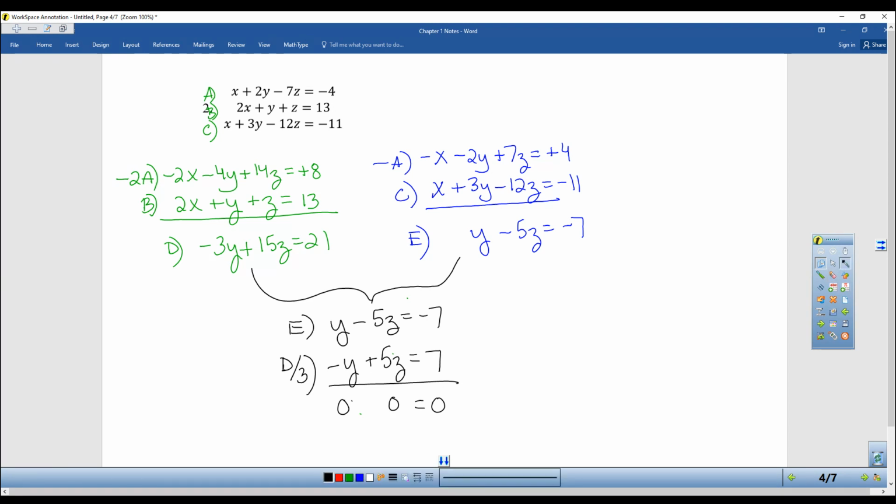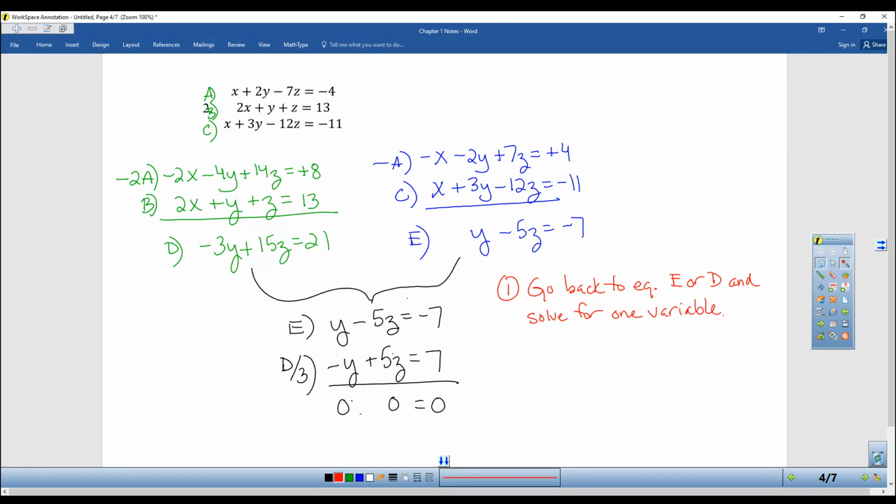Here's how. All right, so step 1, go back to equation E or D and solve for one of the two variables. Doesn't matter which one.